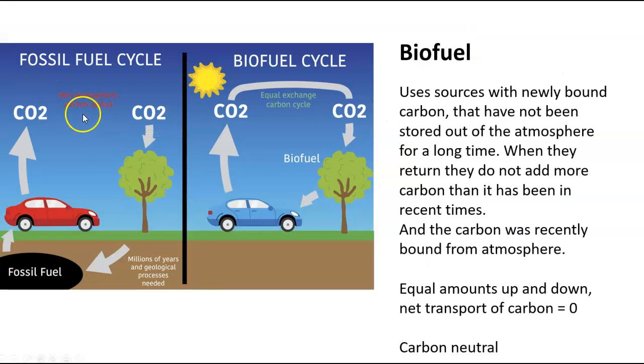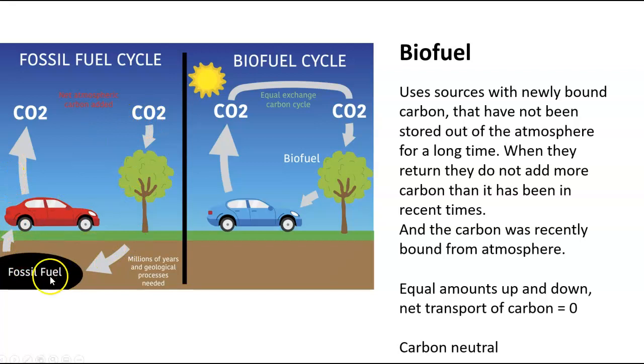Using biofuels instead, of course, we can make biofuels into this fast carbon cycle. You would have equal amounts going up into the atmosphere as being absorbed by the plants. So you have a quick cycle instead of the comparable fossil fuel cycle, where fossil fuels are storing carbon dioxide for very, very many years.